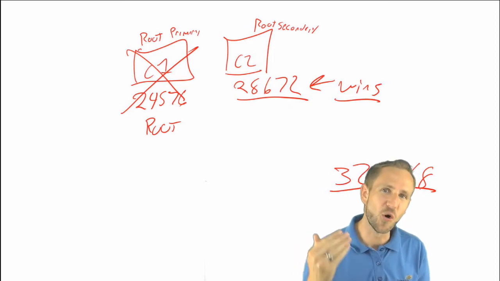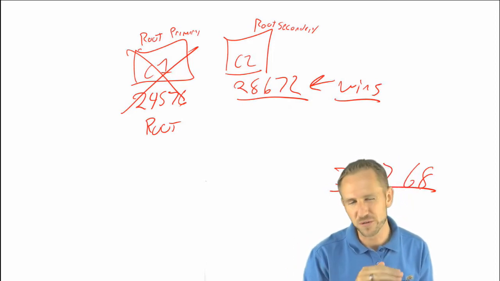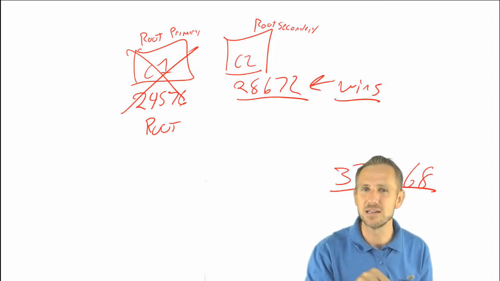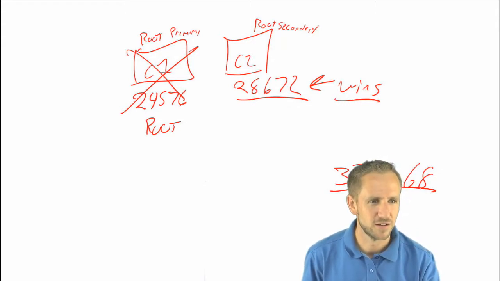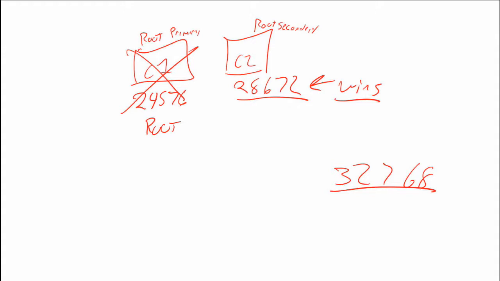So if you look at an old crummy switch, the oldest switch in your environment, is it in your data center or is it somewhere else? I don't know. I'm asking you guys. You got to tell me. Where's the oldest, crummiest switch in your company? Maybe it's under your desk.